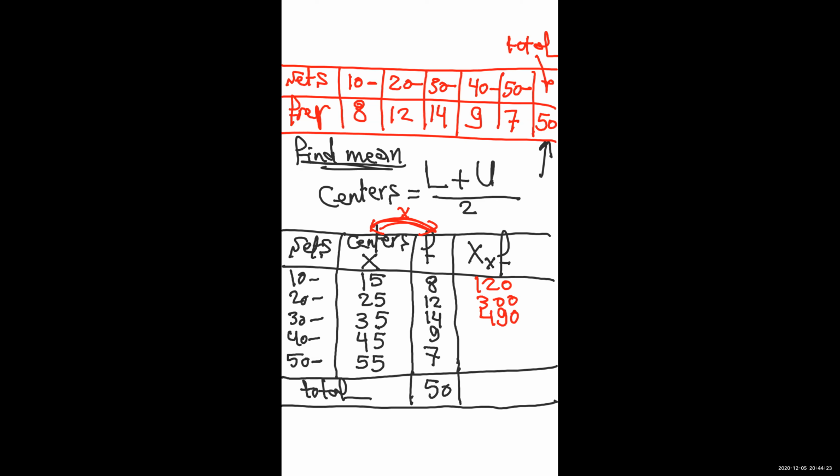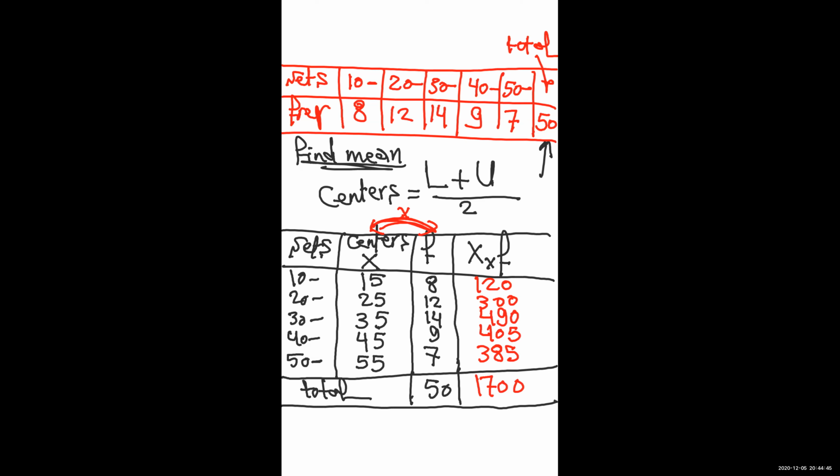Then 9 times 45 is 405. And finally 7 times 55 equals 385. Now get the total of x times f, which is the centers times the frequency.